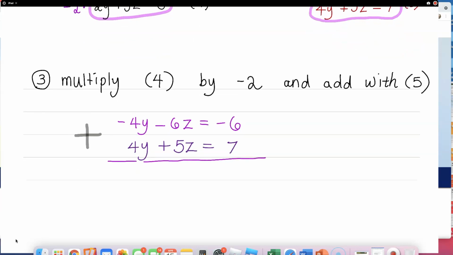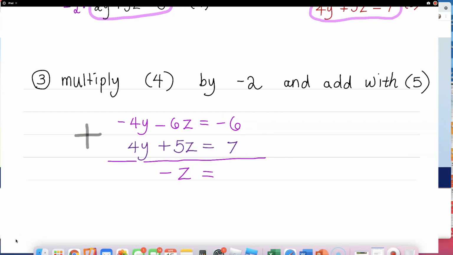As you can see, this negative 4y and positive 4y cancel out. Yay, we eliminated it. But if I add negative 6z plus 5z, wouldn't that give us negative 1z, right? Negative z. And that equals adding negative 6 plus 7, that is the same thing as 7 minus 6, so that's 1.